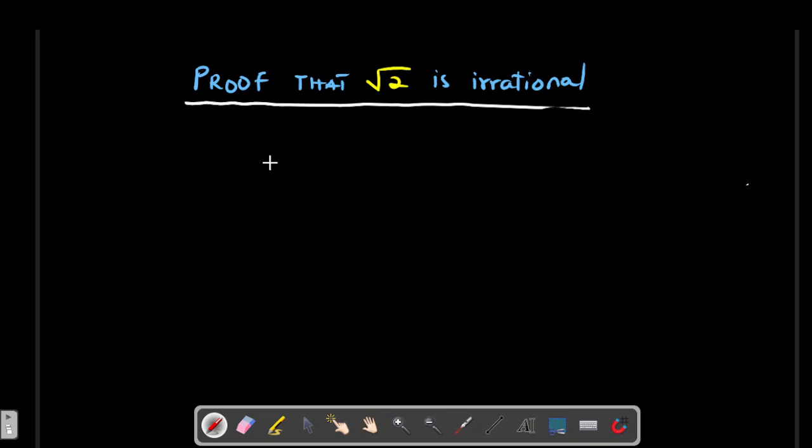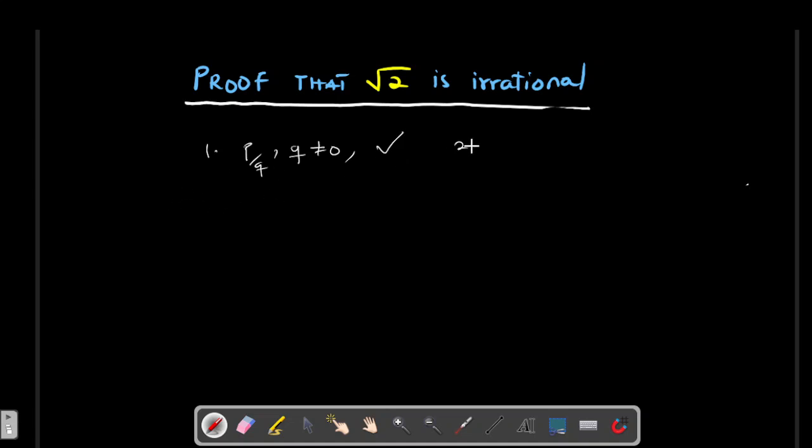But before then, let's recap what a number should be for it to be irrational. These questions can be answered in two ways. Number one, for a number to be irrational, it cannot be expressed in the form p out of q, where q is not equal to 0. So any number that cannot be expressed as a fraction in its simplest form is said to be irrational.